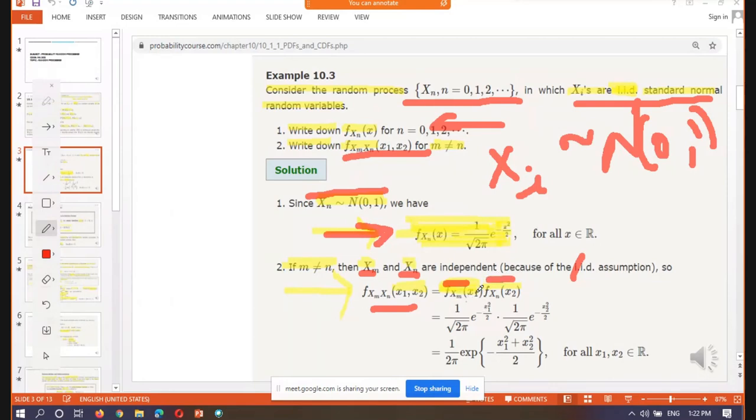So it is f Xm(x1) times f Xn(x2). Now in this formula, if we replace small x by x1, we get the density function of Xm at x1, and if we replace x by x2, we get f Xn(x2). After simplification, this is the joint density function of Xm and Xn.